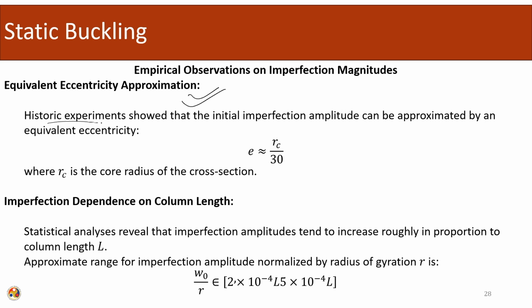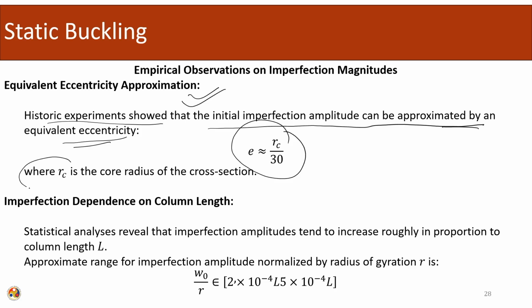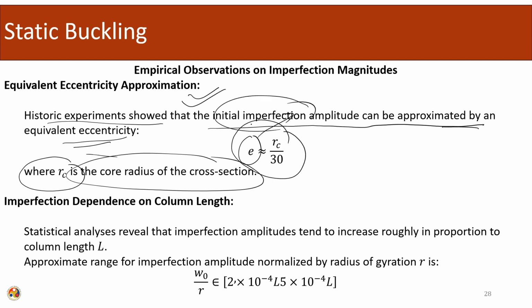From the experiments done in the past, we see that the initial imperfection amplitude can be approximated by an equivalent eccentricity. So, we are modeling the effect of the initial imperfections by an equivalent eccentricity, where RC is the core radius of the cross section. The imperfections modeled as an eccentricity are given by this equation.